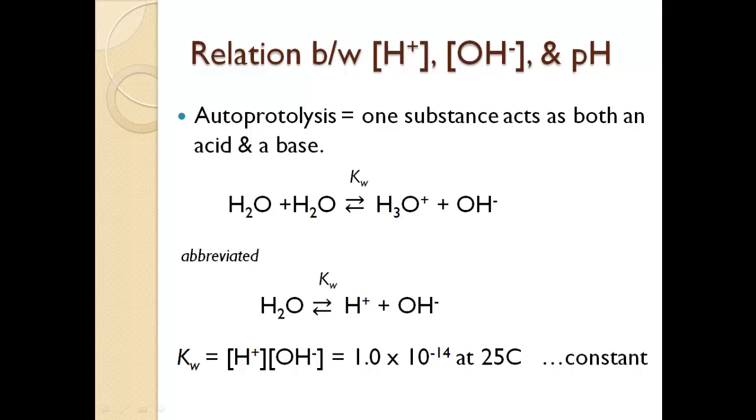And you'll understand that more as we get further into this chapter. So the equilibrium constant of pure water is made up of the concentration of proton ions and the concentration of hydroxide ions. And that ends up being 1.0 times 10 to the negative 14th molar at 25 degrees Celsius. And again, that is a constant.